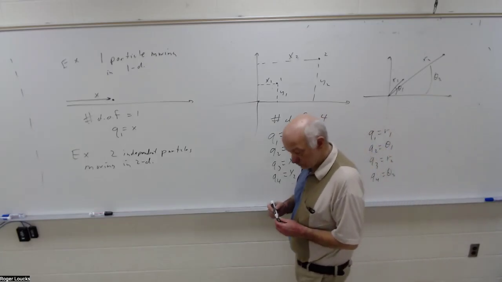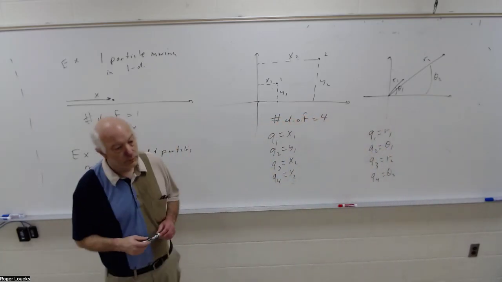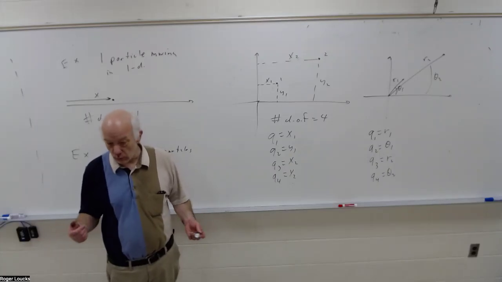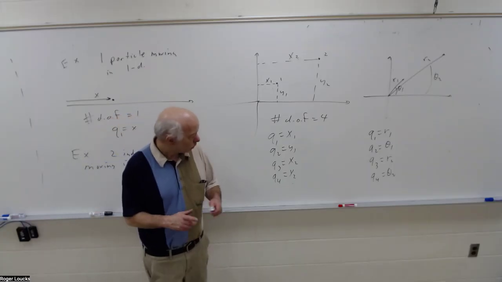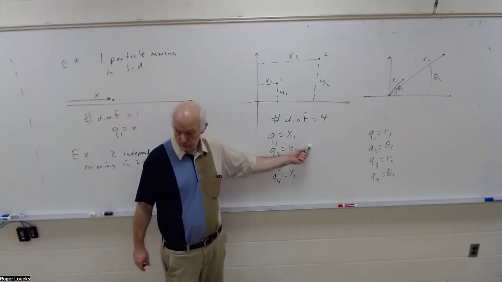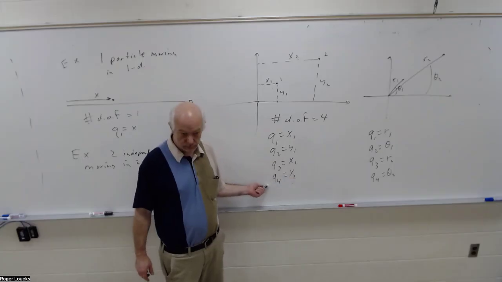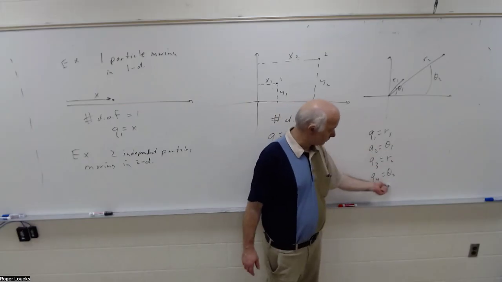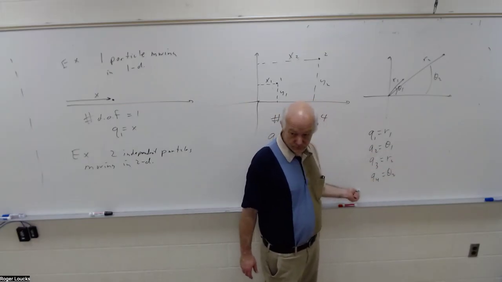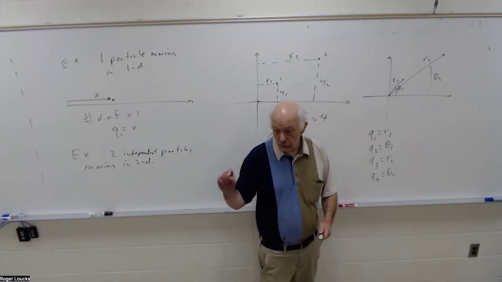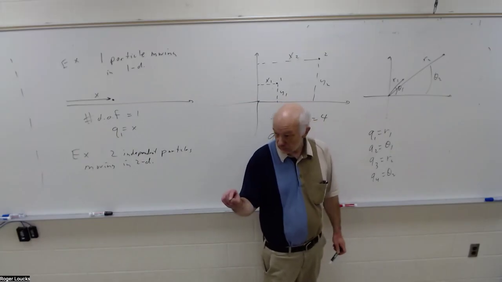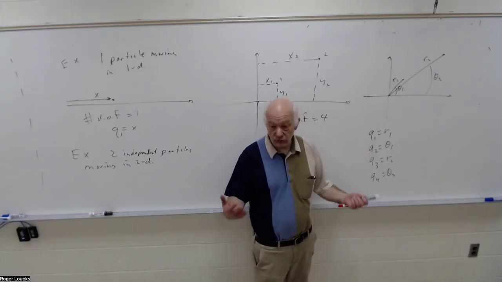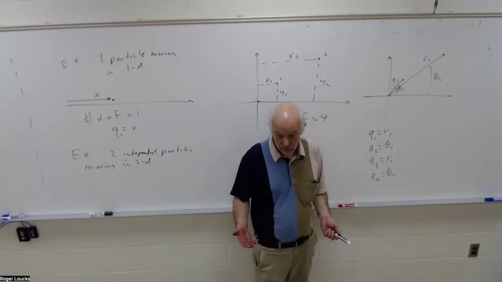Which one is correct? They both are. This shows you one of the weird things about the q's. What are the units for all these q's? They're different. The q's do not have to have the same units. Here I have a distance, and here I have a radian.